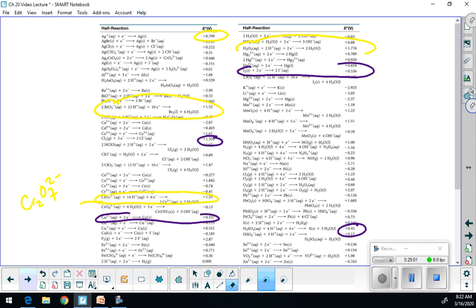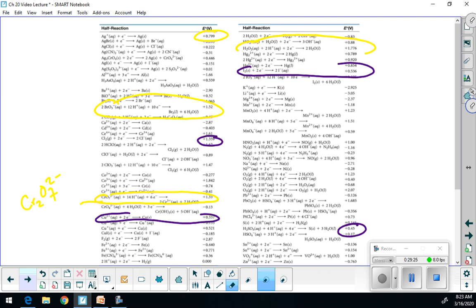Okay, where's my mercury? Looks like mercury 2+ going to mercury liquid, right? So it's 0.789 volts. You guys agree with me on that? And my iodine is 0.536 volts.